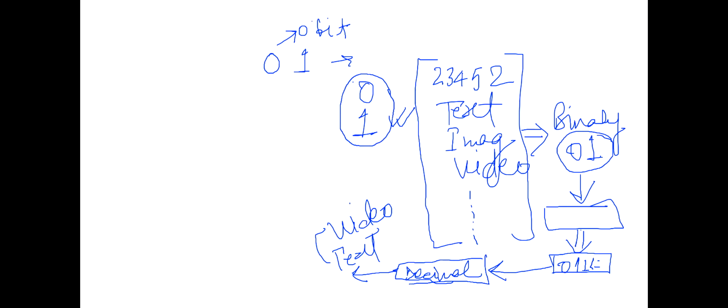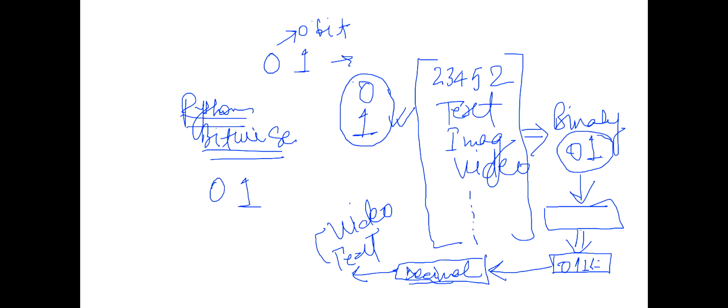What does the Python bitwise operator do? The Python bitwise operator basically works on 0 and 1. There are certain operations that we are going to study in the bitwise operator.